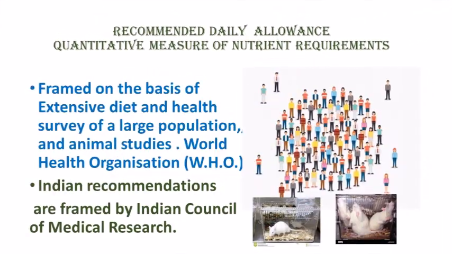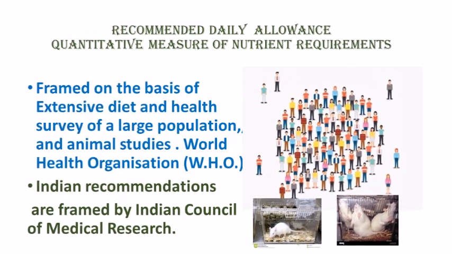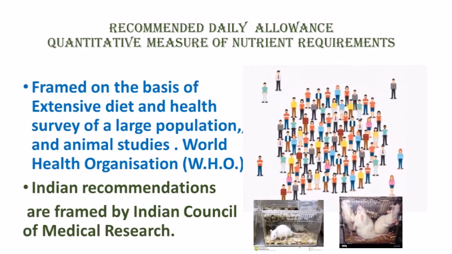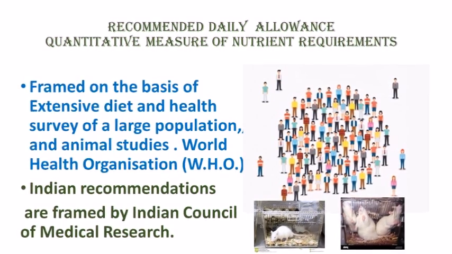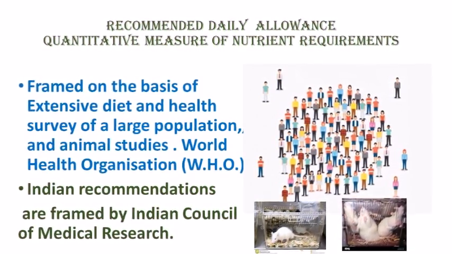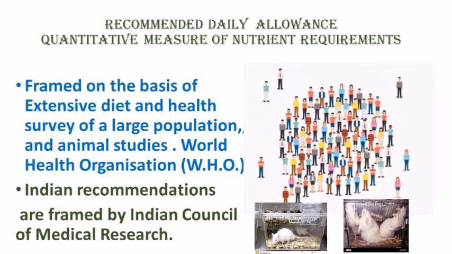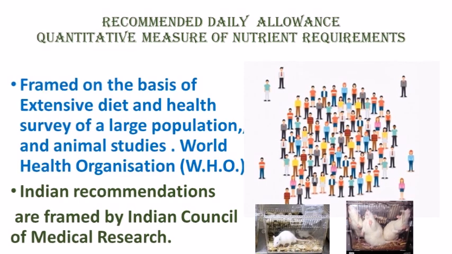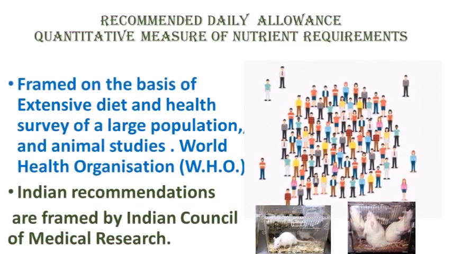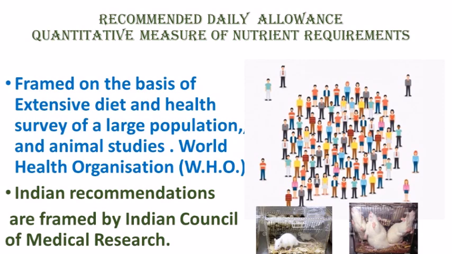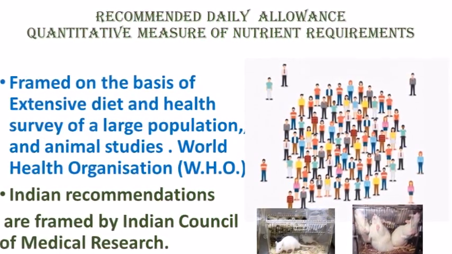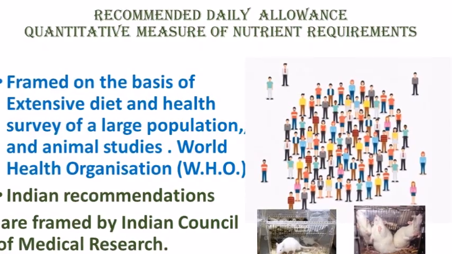Recommended daily allowance is the quantitative measure of different nutrients to be consumed every day by an individual to ensure good health. These are framed on the basis of extensive diet and health survey of a large population and also supported by animal studies. The recommendations are prescribed by agencies like World Health Organization, and Indian recommendations are framed by Indian Council of Medical Research.